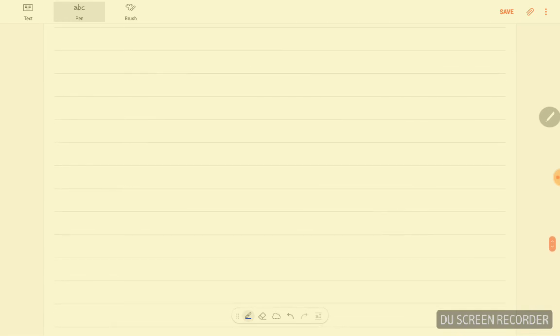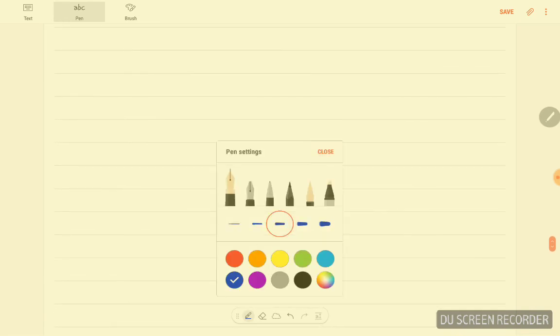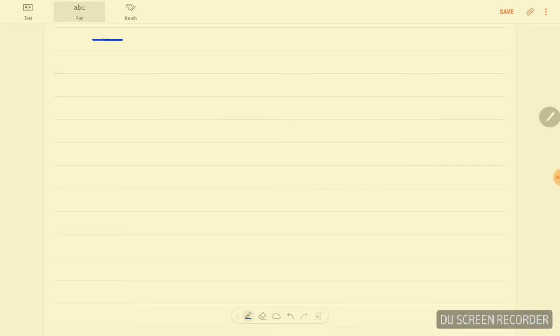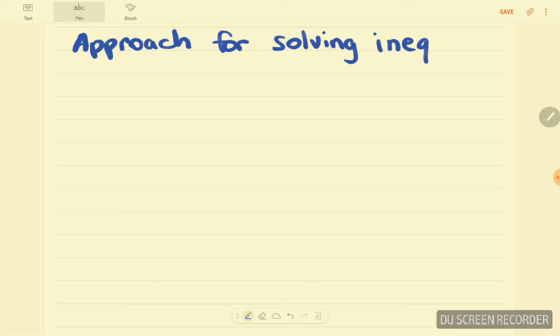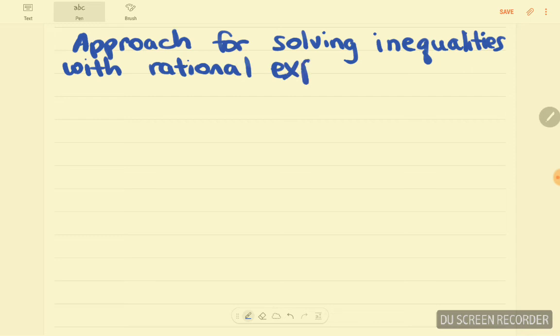All right, so how do we approach solving inequalities with rational expressions in them, which for short we would just call rational inequalities.